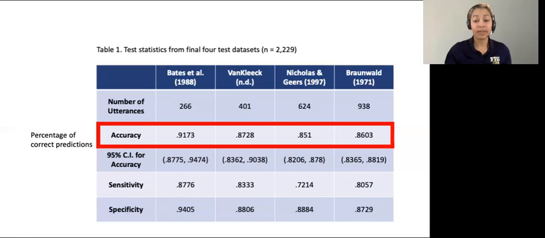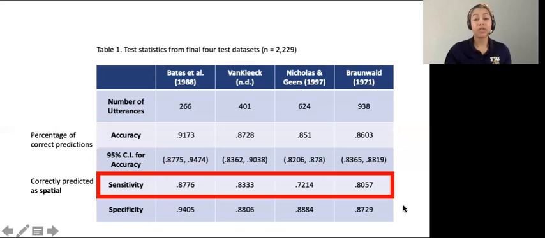The sensitivity metric is essentially the true positive rate, or it identifies the proportion of spatial utterances that were correctly predicted as being spatial. The sensitivity of the model ranged from 0.72 to 0.88, which is pretty good, but there is definitely room there for improvement and consistency because this is really the crux of our study. We want to detect and classify spatial language.